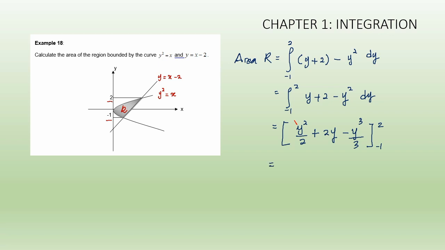Then substituting the value of 2, we have 10 over 3, minus, substituting the value of -1, we have -7 over 6. Then the final answer is 9 over 2 units squared.